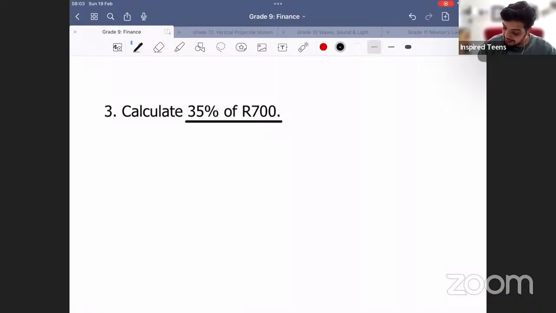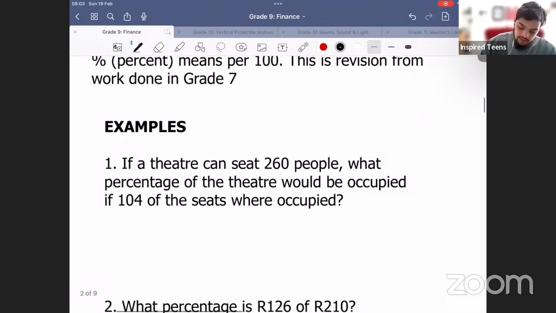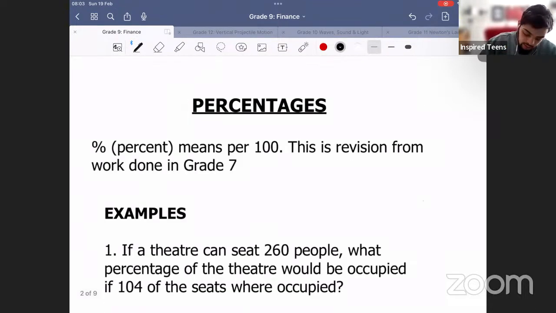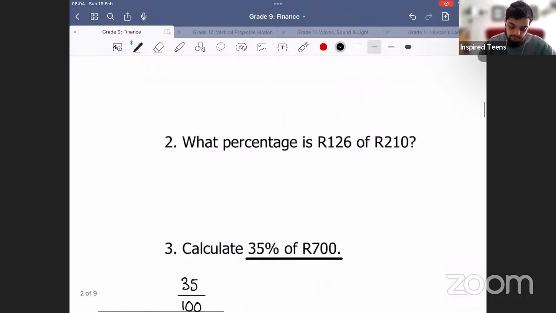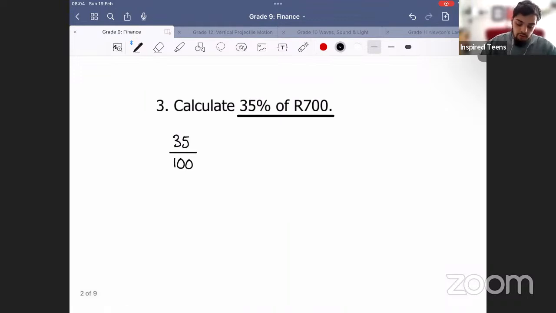We say 35 over 100, which represents the percentage. Percentage is per 100, meaning an amount divided by 100. So 35% means 35 over 100. Of means times, and then we put the amount, 700.